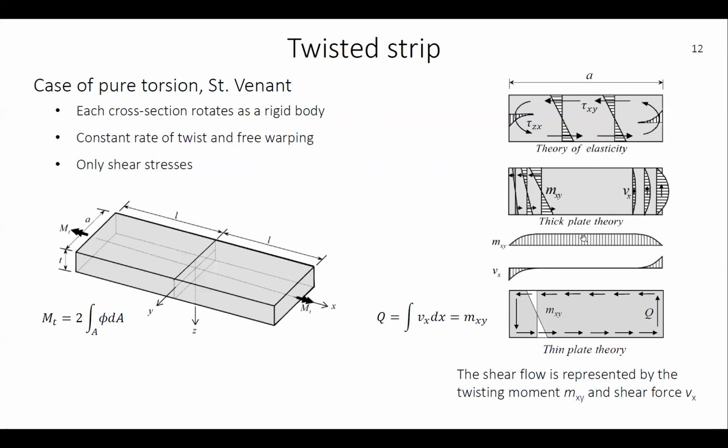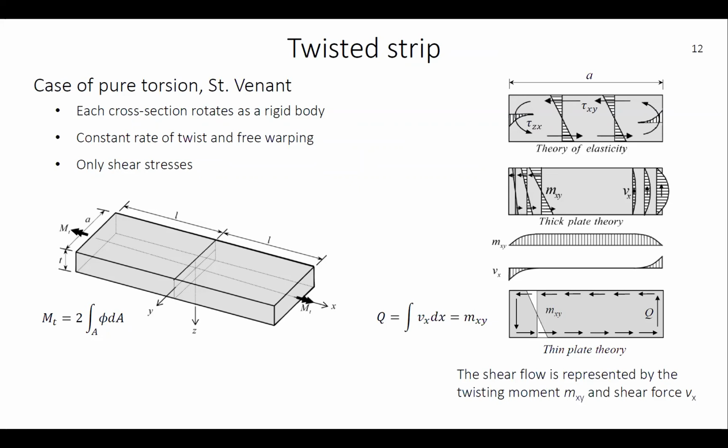And you will have the shear forces being 0 in the center and gradually going to its maximum value at the free edge. So this is what you would expect if you analyze or describe this section with thick plate theory.